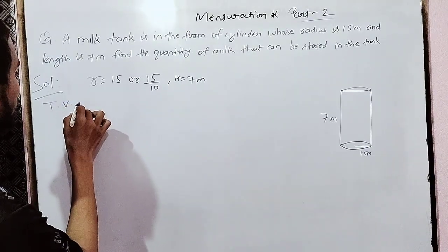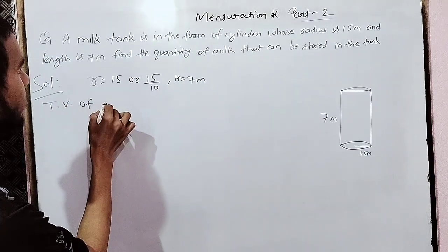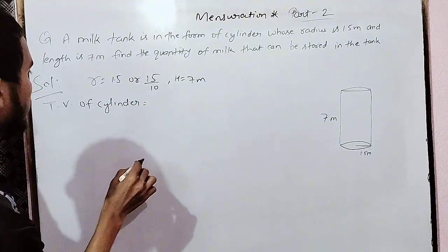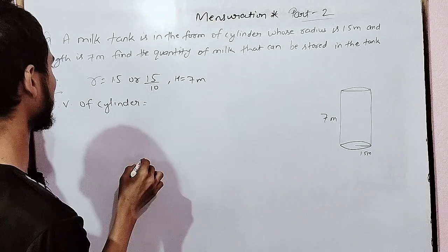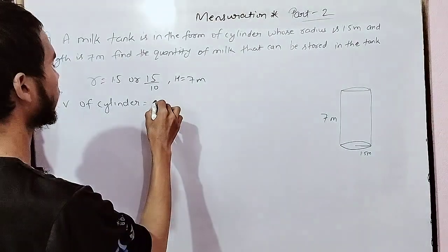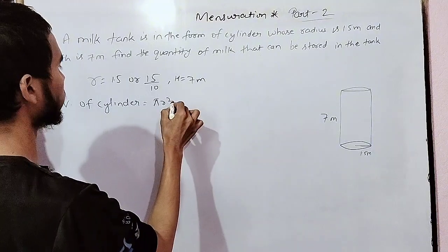Now the total volume of a cylinder is pi r square h.